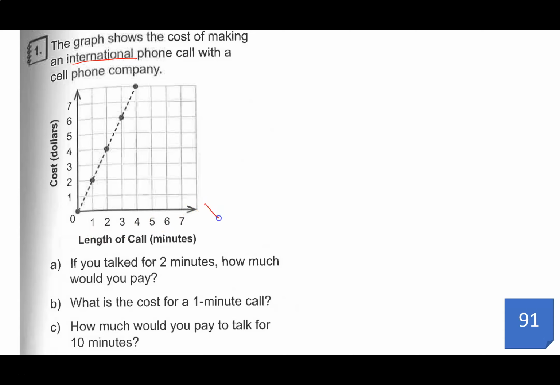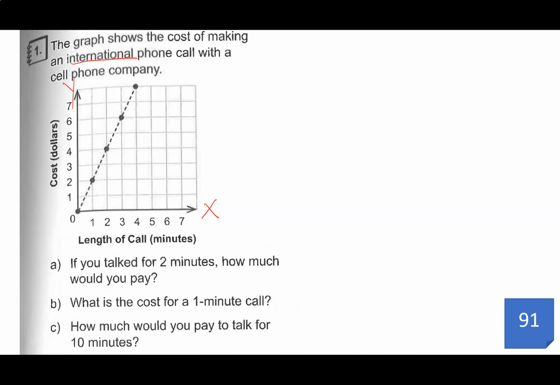We can see on the x-axis, we have the length of the call in minutes. So a call that lasts 1 minute, 2 minutes, all the way up to 7. On the y-axis, we have the cost of that phone call in dollars.